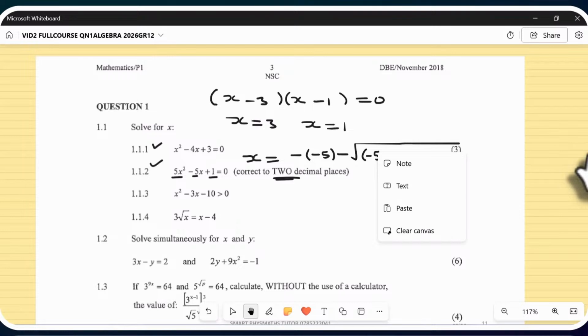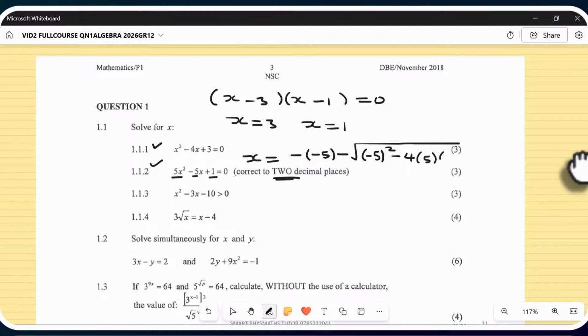So here, that is 5 squared minus 4. Our a is 5, right? What about our c? Our c is positive 1. Because they want two decimal places, don't leave it as a surd. So meaning x equals what? If I use a plus, if I use a minus, then I'm going to get two answers here.